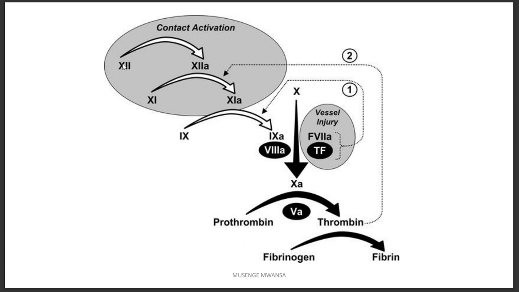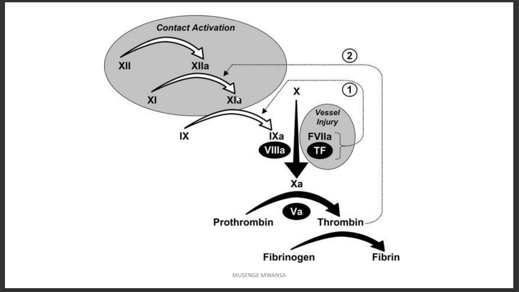Clotting factor number 12 is going to be activated by contact, like the collagen has been exposed. That exposure is going to activate clotting factor 12 to clotting factor 12A. A just means activated. And then the clotting factor 12A is now going to activate 11 to 11A.